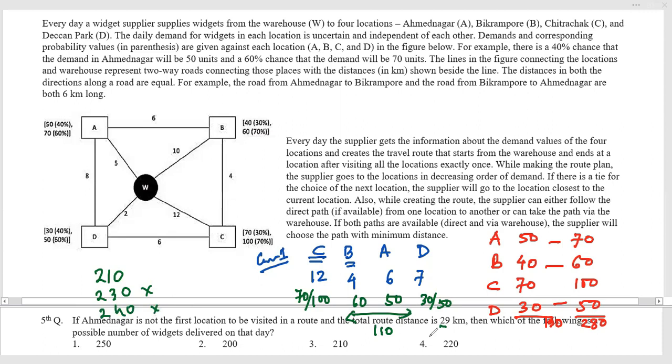And 150 means 260. 260 is also not there. So basically 210 is the possibility. It should be option C. That's the answer to the question.